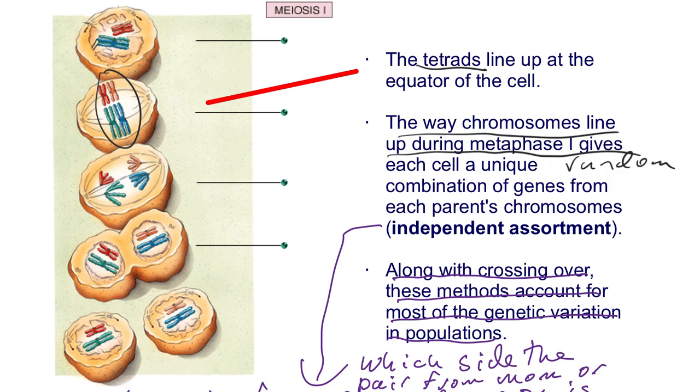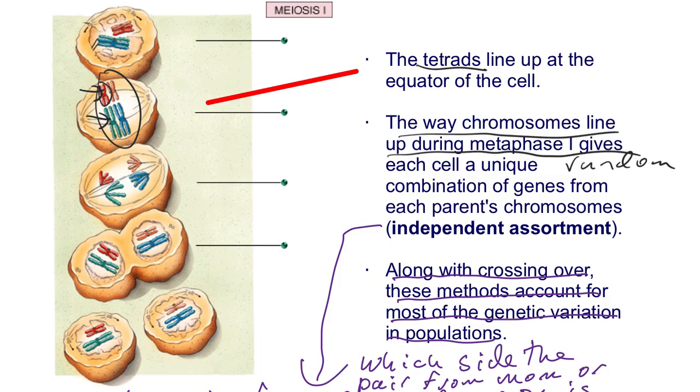That means the left side isn't just mom's chromosome and the right side dad's. No, the two chromosomes in a tetrad, your mom's or your dad's, are randomly mixed up. So this could be mom's on the left side, this could be dad's on the left side.